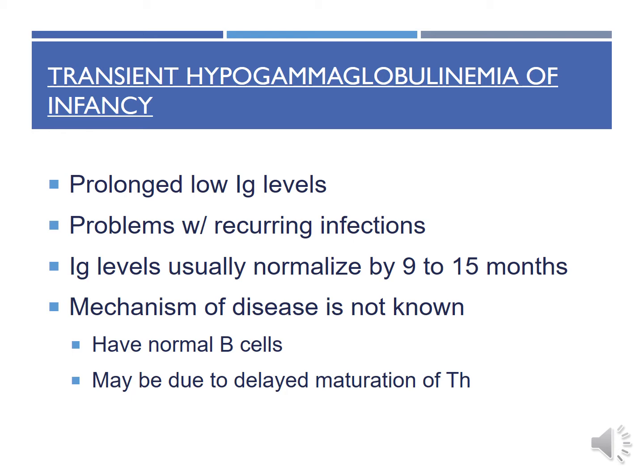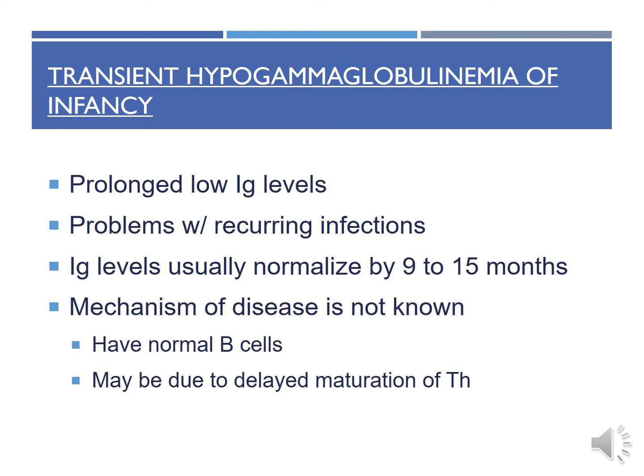So in this transient hypogammaglobulinemia, we have prolonged low Ig levels. The infant has recurring infections, but after 9 to 15 months of age, their Ig levels will usually normalize and go back to normal, and this transient hypogammaglobulinemia will usually disappear.